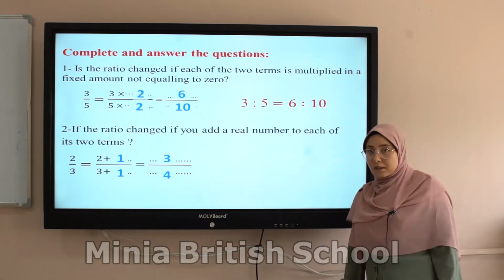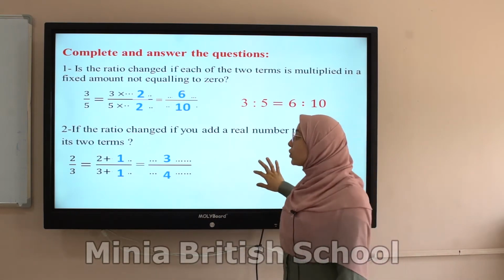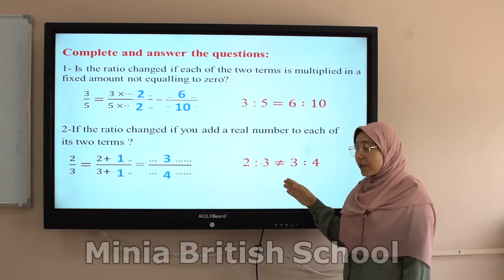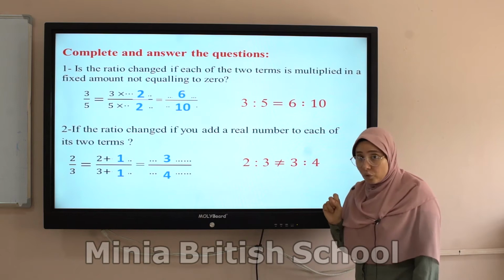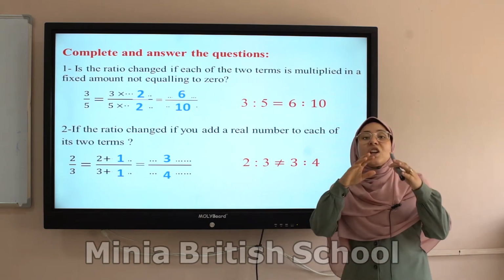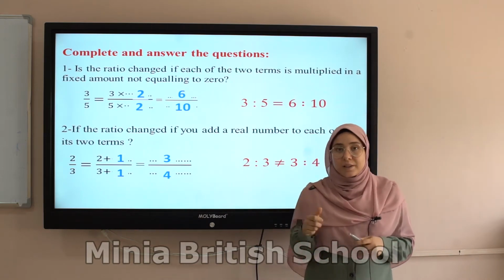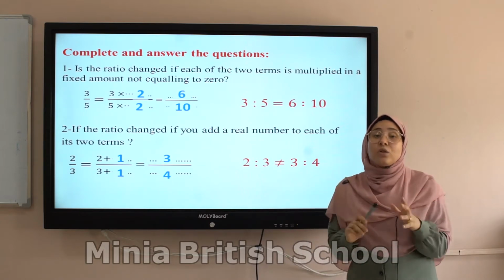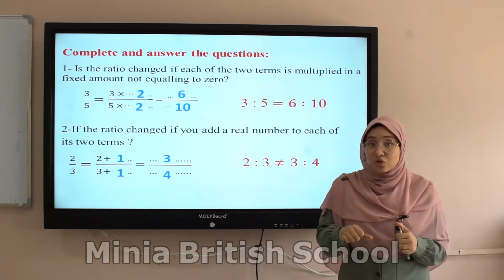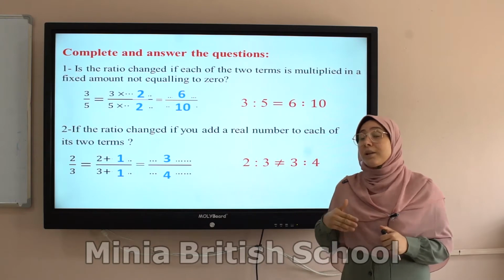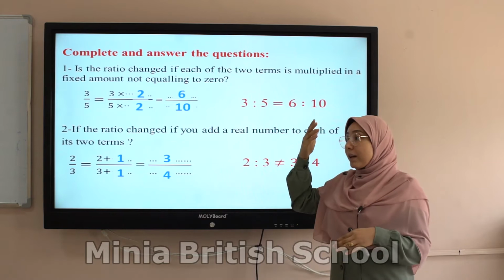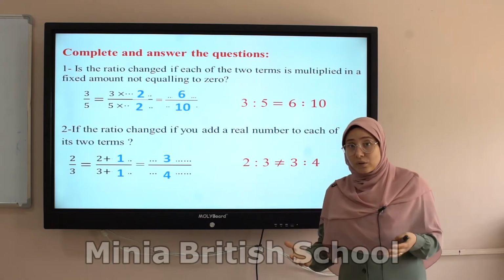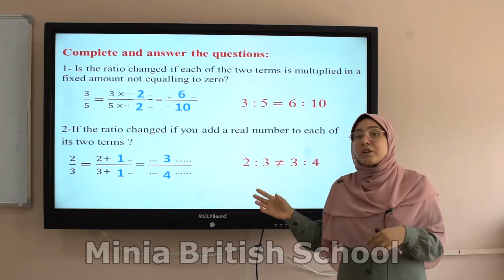Here we know something: the ratio 2 to 3 does not equal the ratio 3 to 4, okay?